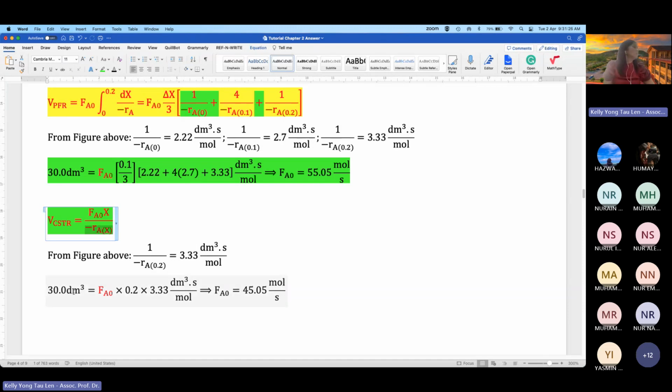The volume of the CSTR is given as 30 dm cube. FA naught is what I want to find. X is 0.2, the conversion that I want to achieve, and minus RA is taken when my X is 0.2.